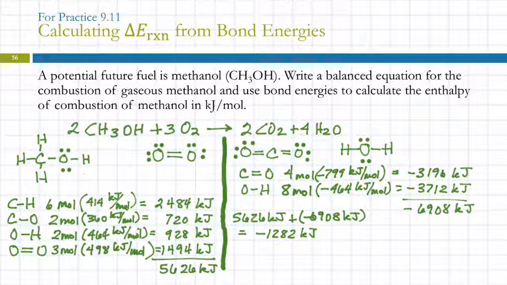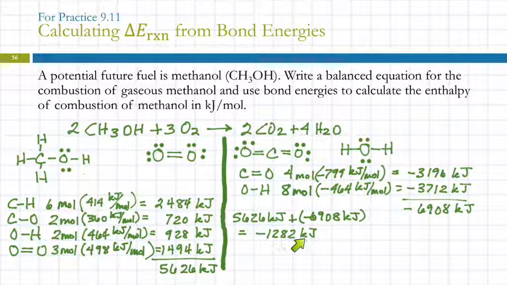This is where it's a little tricky. What did they ask? What units do we want? Kilojoules per mole. Per mole of what? Well, it's the combustion of methanol. So we're probably looking at kilojoules per mole of methanol.